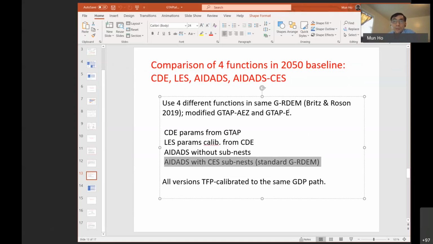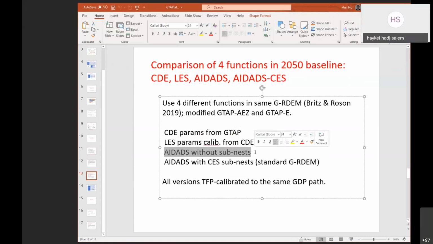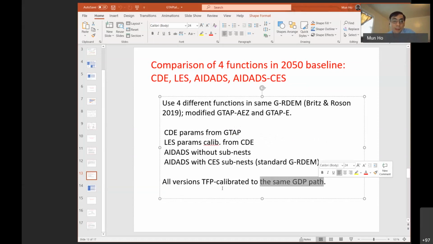And then they substituted that consumption function with a CDE function or an LES demand function, or an IDEX without subnets. All of these are then calibrated so that we have the same GDP path.